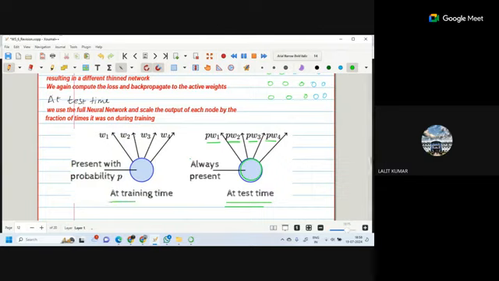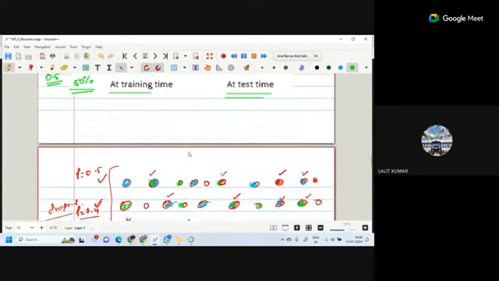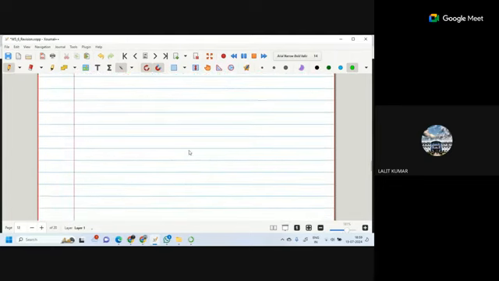At training time, it is present with probability P. For example, if it was 0.5, then it was present 50% of the times. And at the test time, you scale its weights by P. This is the concept of dropout that I have explained.